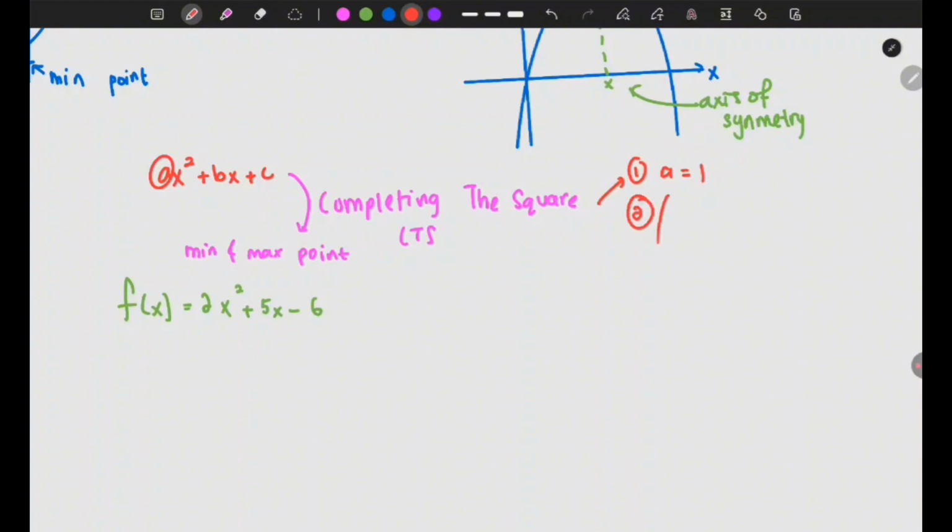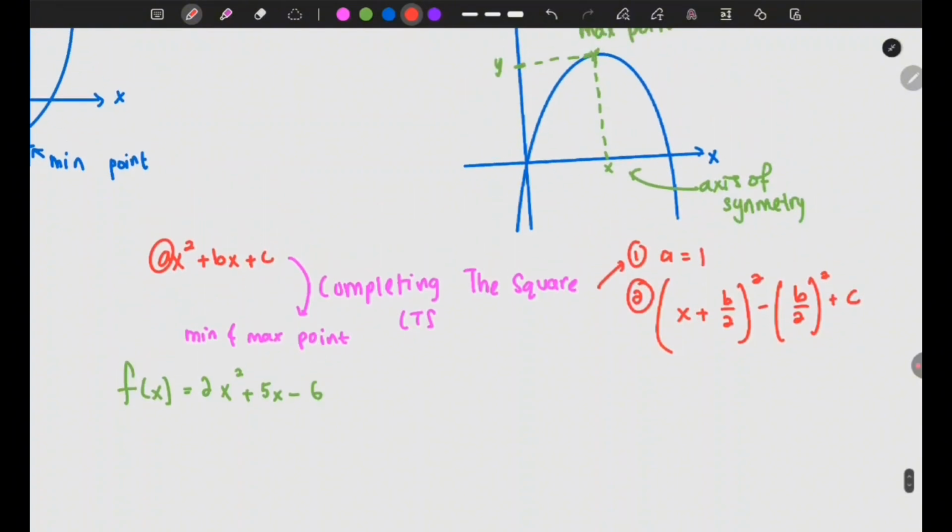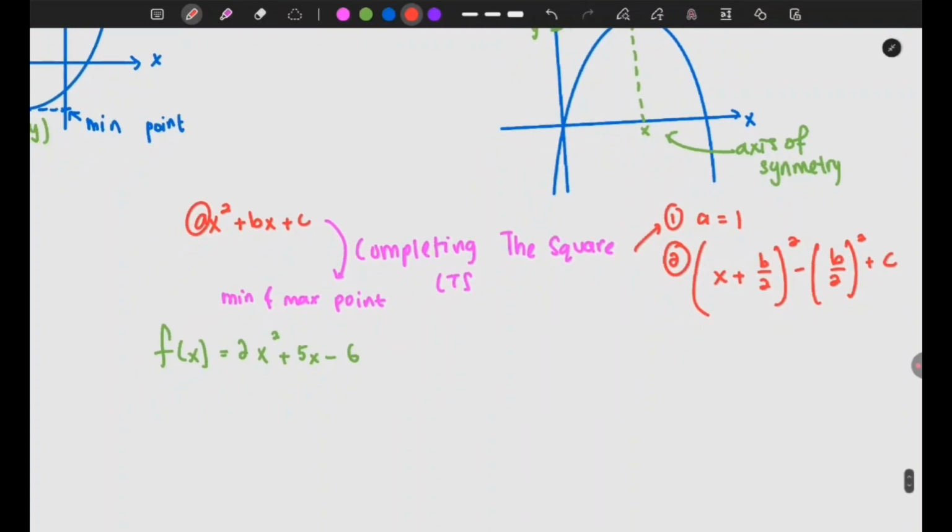Remember I told you this is the formula? You have to do these two things. First thing, your a should be equal to 1. But in this case, you can see 2x squared, your a is not equal to 1, but equal to 2. So the first thing you have to do is make it into 1. How? Divide. If you divide 2 by 2, you will get 1.